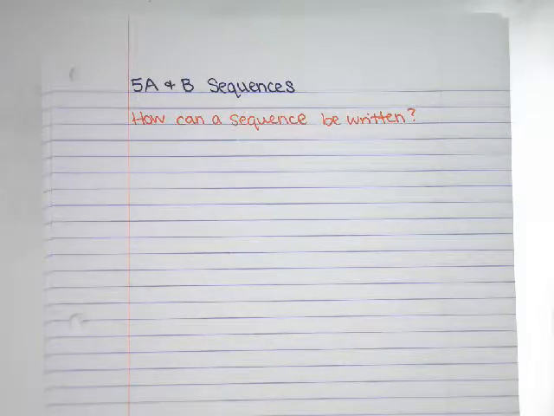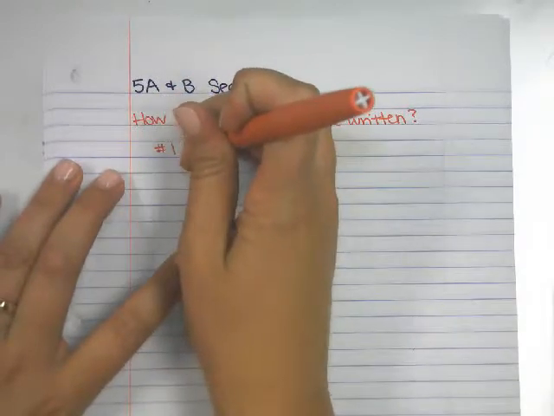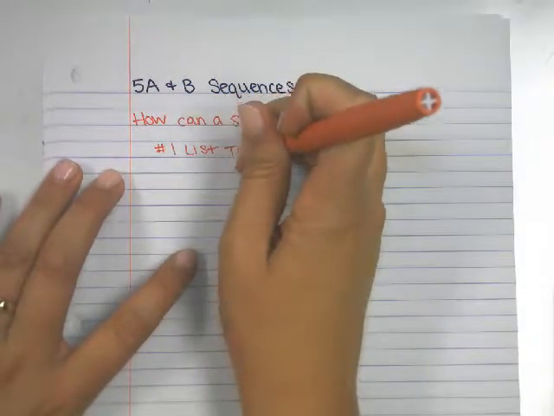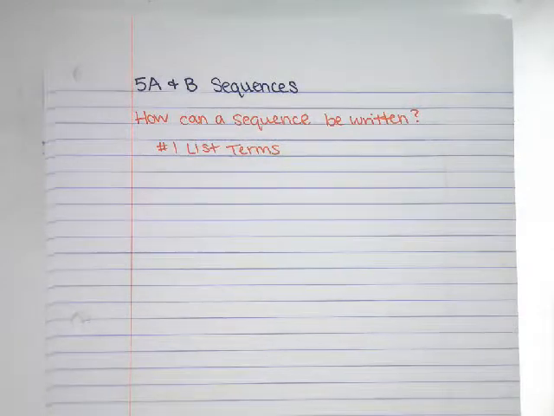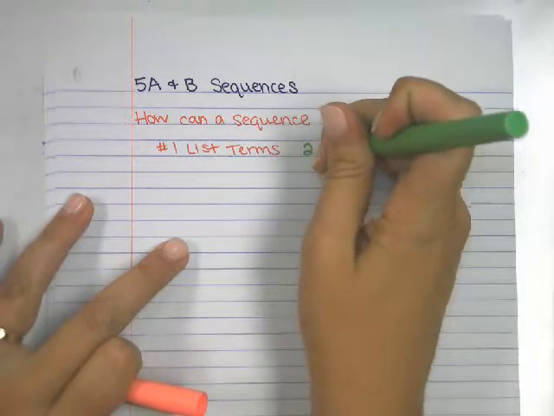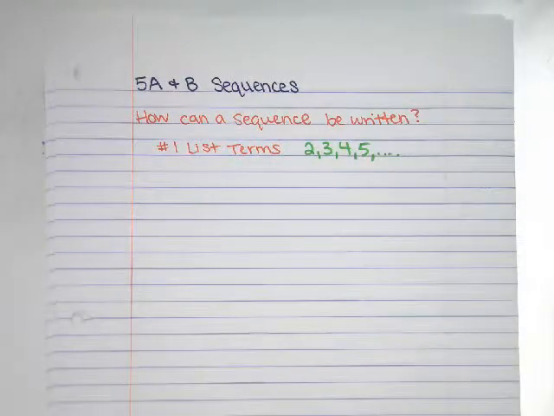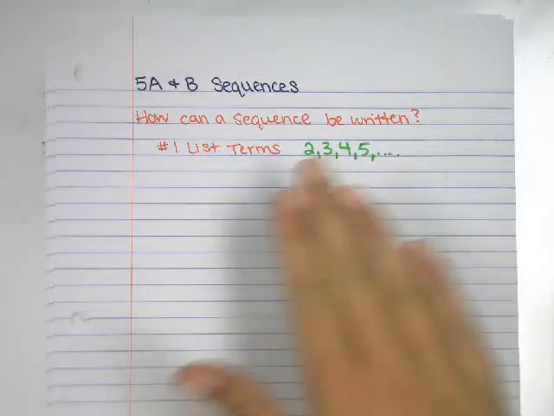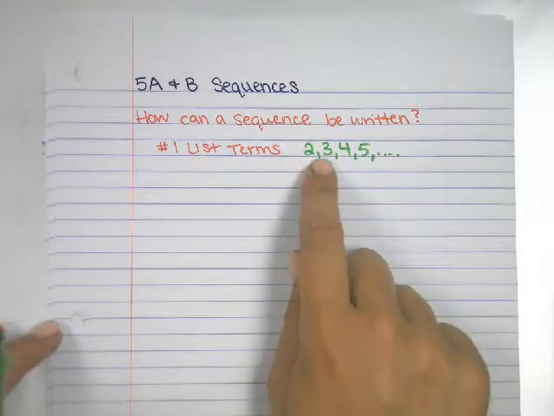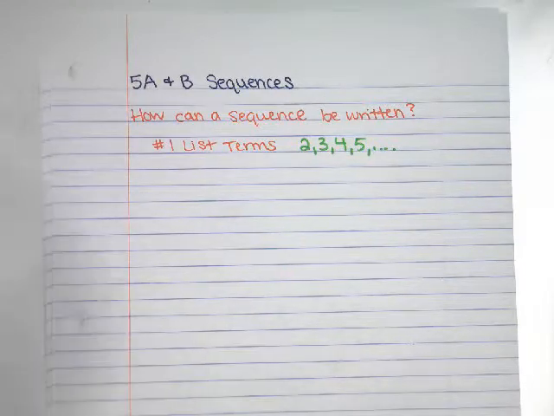The first thing we could do is list the terms. For instance, we just list out the terms. Dot, dot, dot, meaning that the pattern that we see is going to continue. So this is increasing by 1. That pattern continues for the whole sequence.